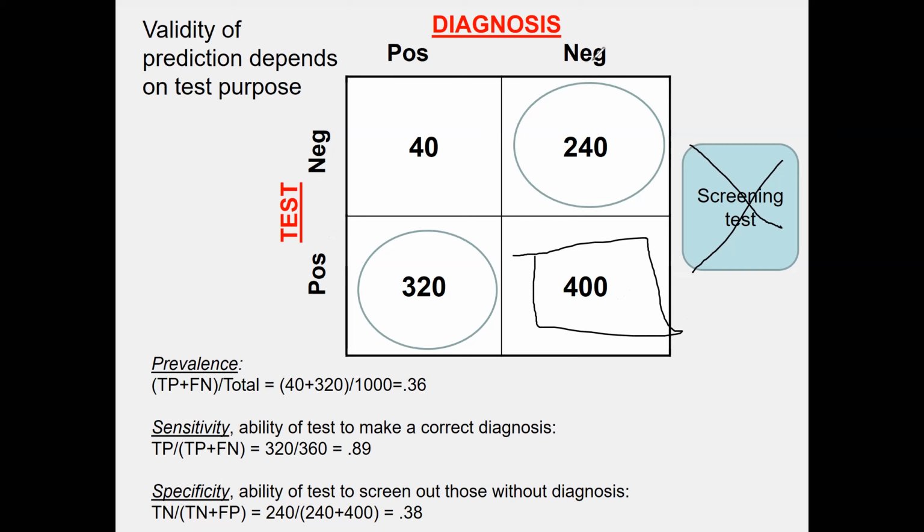You have disrupted their lives by making them think, oh, maybe I am sick, etc. And so when you have a lot of people in this quadrant and the diagnosis is expensive and possibly troublesome, then you have probably a poor test. But again, it depends on the method. If you are trying to optimize sensitivity, you're going to do that at the price of something else. So all of this sort of decision depends on the purpose of the test.